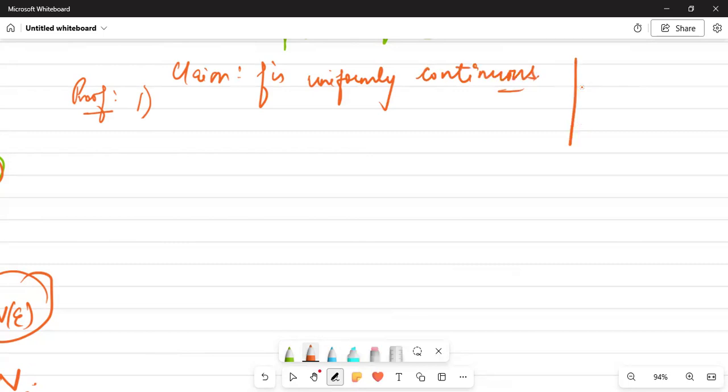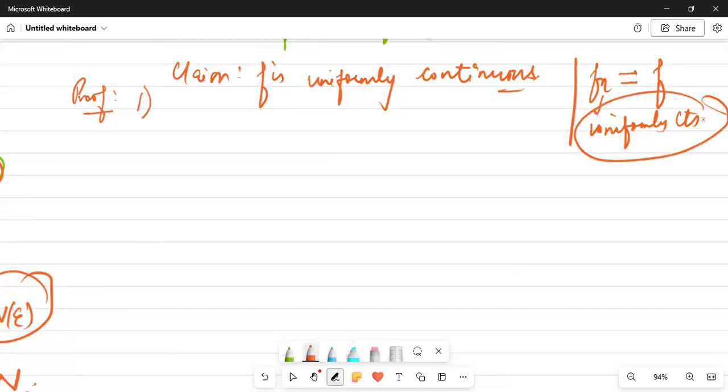And what information do we have for this? That fn converges to f uniformly, and secondly, these are also uniformly continuous functions. So in order to prove this, we will have to use the hypothesis that fn is uniformly continuous for every n and the convergence is happening uniformly.